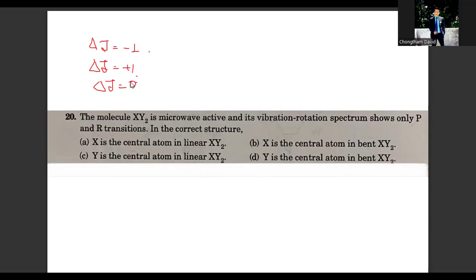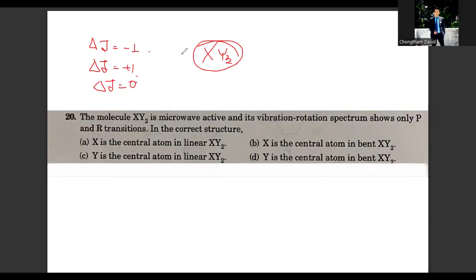So now let us give the total analysis of these statements. The molecule XY2 is microwave active, so it must have a permanent dipole moment, which suggests an asymmetric structure. The spectrum shows only P and R transitions, which typically indicates the molecule is linear. This is consistent with the linear structure where X is the central atom and the Y atoms are not identical, creating a dipole moment.